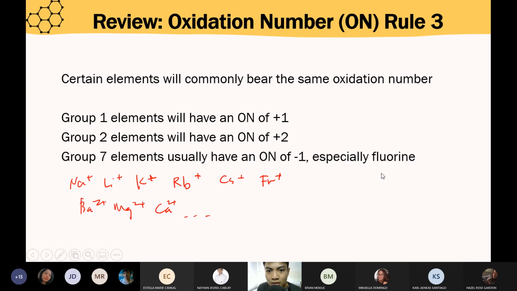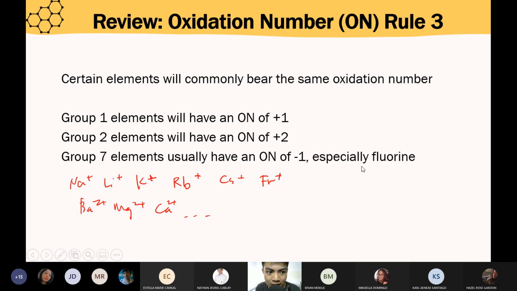Kasi si fluorine, masunurin yan talaga. Okay. Siya, sa lahat ng elements, siya yung masunurin sa lahat ng rules. Oxidation number, electron affinity, electronegativity, lahat sinusunod niya. Okay. Pero, yung ibang group 7, hindi na sila nasunod ng rules. That's why we emphasize especially fluorine.